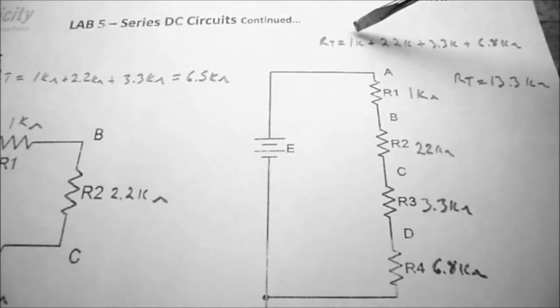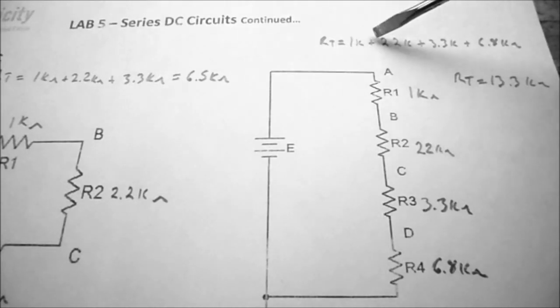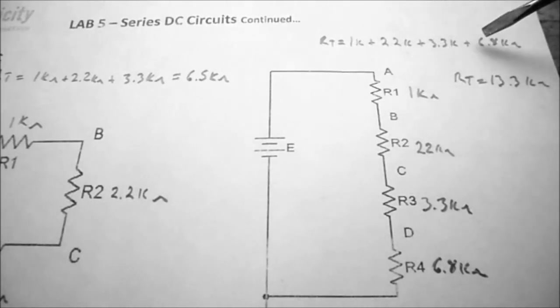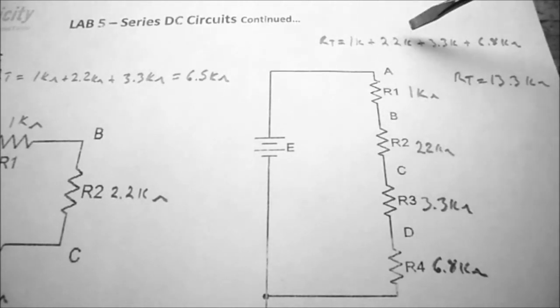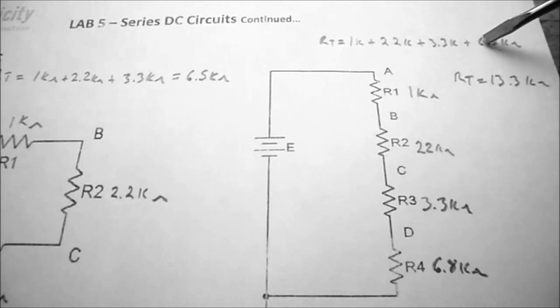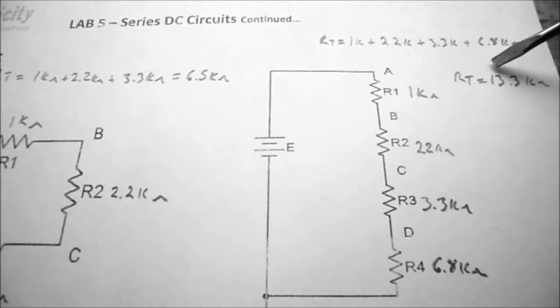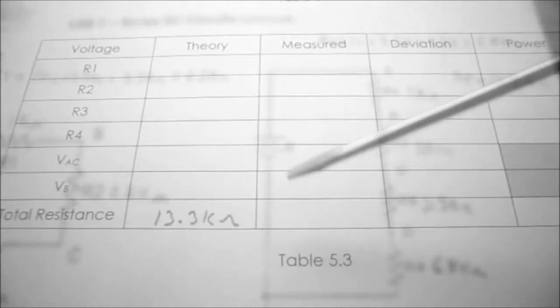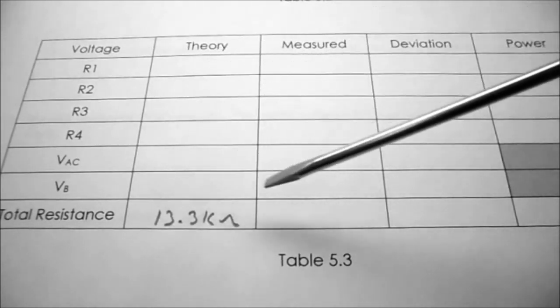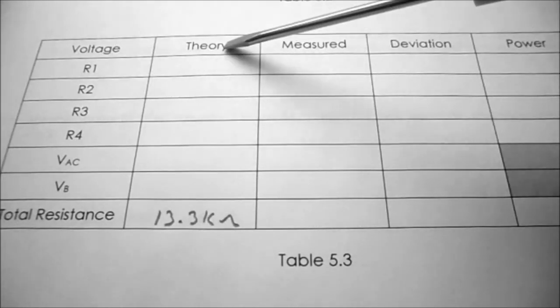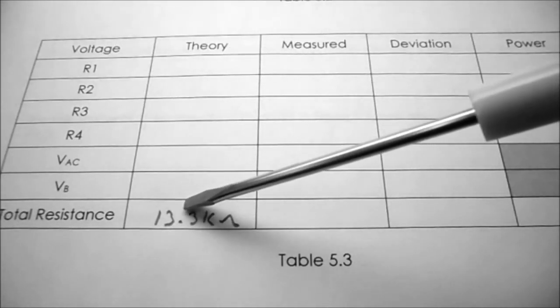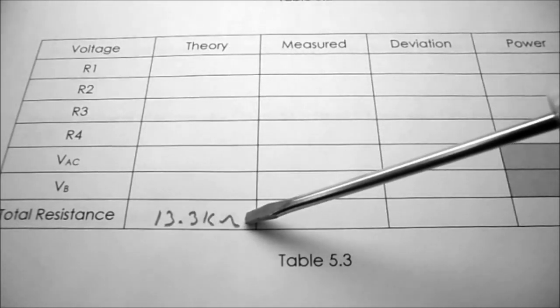So for a series circuit, RT equals R1 plus R2 plus R3 plus R4. So in this case it's 1K plus 2.2K plus 3.3K plus 6.8K, and the total resistance ends up being 13.3K ohms. So you can see I've modified table 5.3 so that we can put in our total resistance under theory as 13.3K ohms.